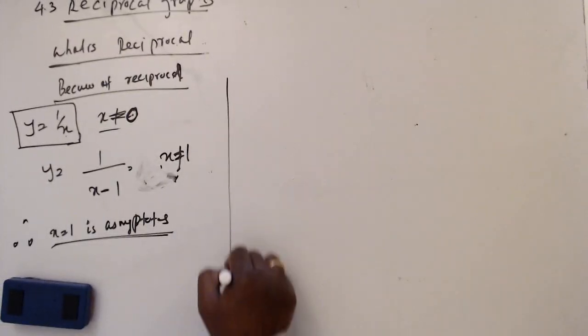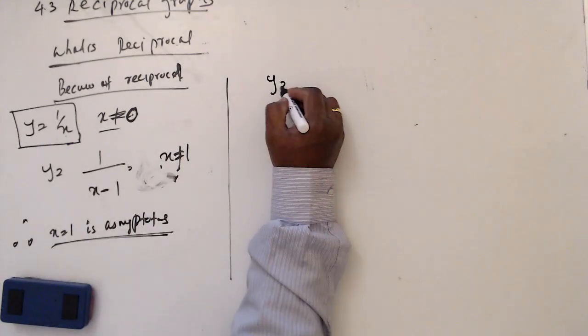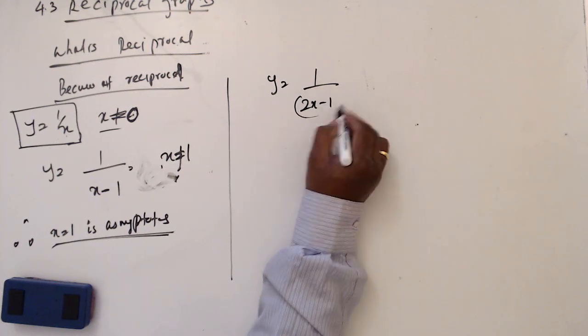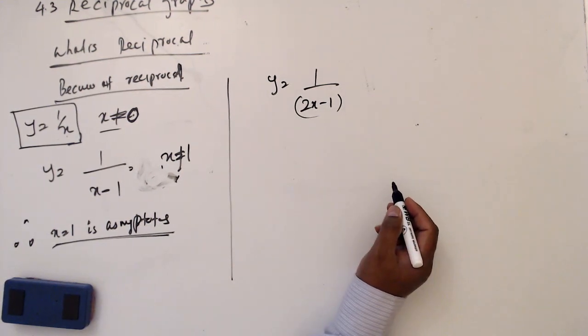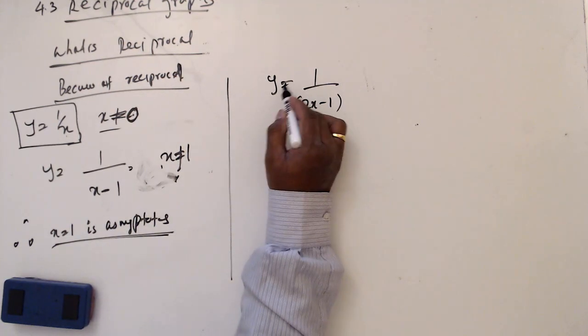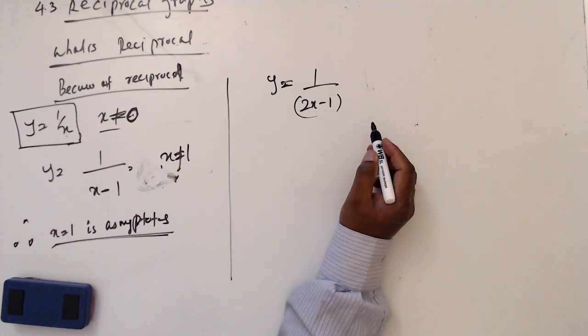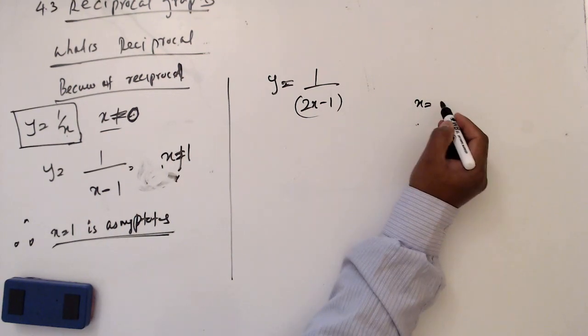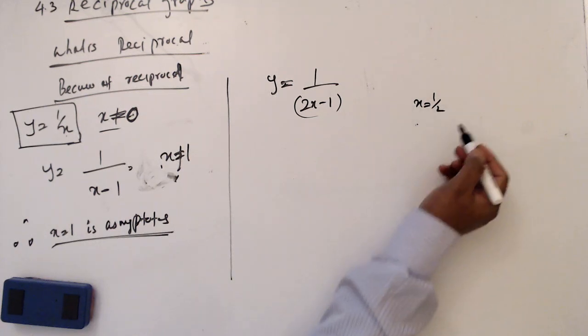Now my next question is y equal to 1 over 2x minus 1. What is the asymptote? This is a reciprocal function. The asymptote for this one is x equal half.